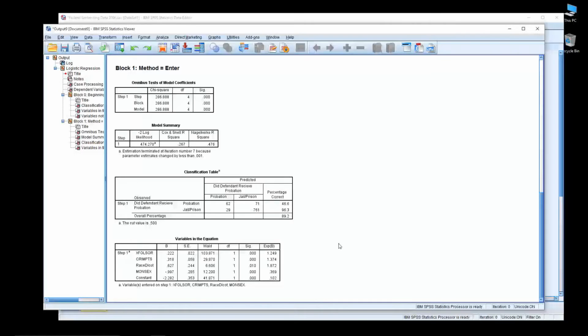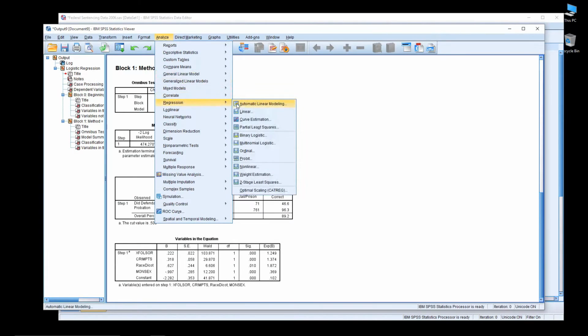Hope this has been very helpful in understanding what logistic regression is. And remember, the key is, what is your dependent variable? If you have a metric level dependent variable, that is, a variable that is ratio or interval level, you would use ordinary least squares, or as we demonstrated previously, the linear regression model.